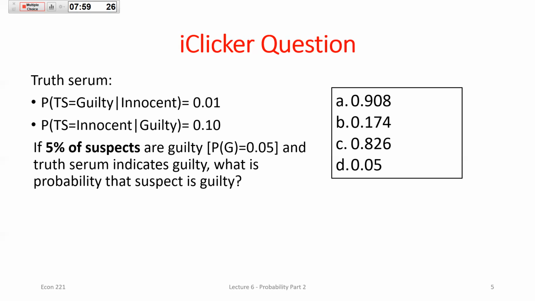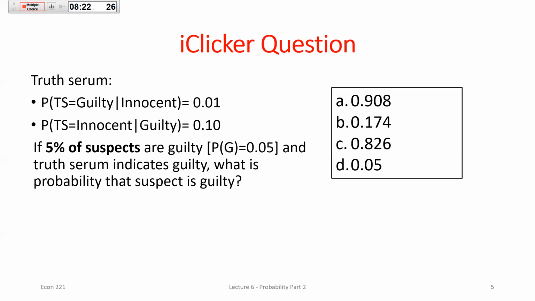Well, those two conditional probabilities, I've redefined the number of possible outcomes. I've taken the whole group and limited it down to the people that the truth serum made say they're guilty. So those people are either innocent or they're guilty. So these two conditional probabilities, when we condition on the same outcome of the test, will also add up to 1.